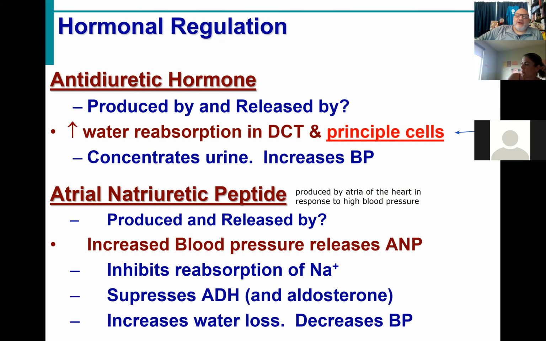And basically what that does, primarily again in the distal convoluted tubule, is it has 3 main effects. Well, really 2 main effects and then one influence of that. The first is that it decreases the reabsorption of sodium. So less sodium is reabsorbed.